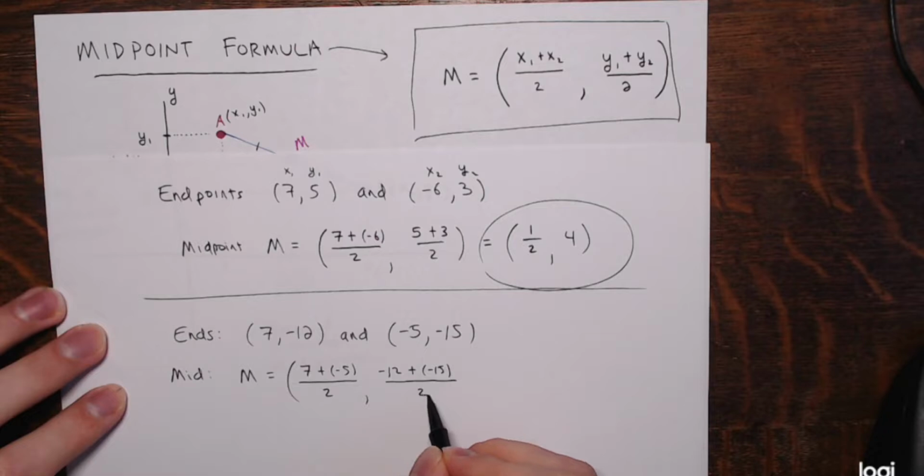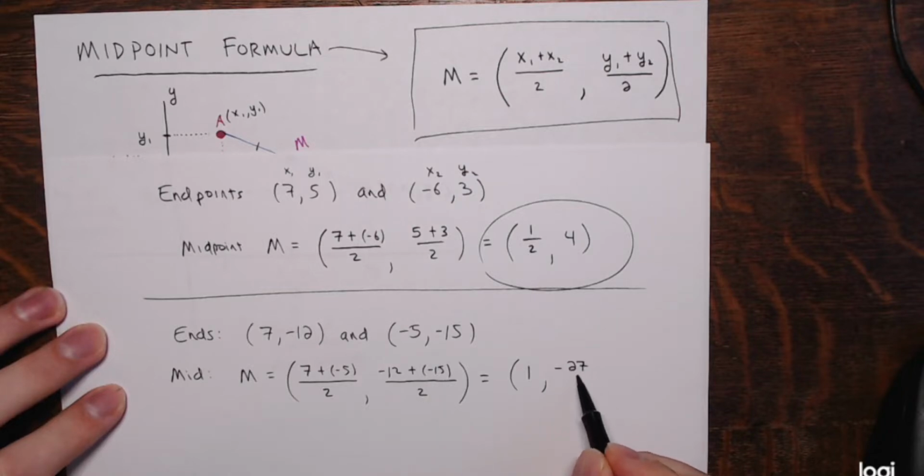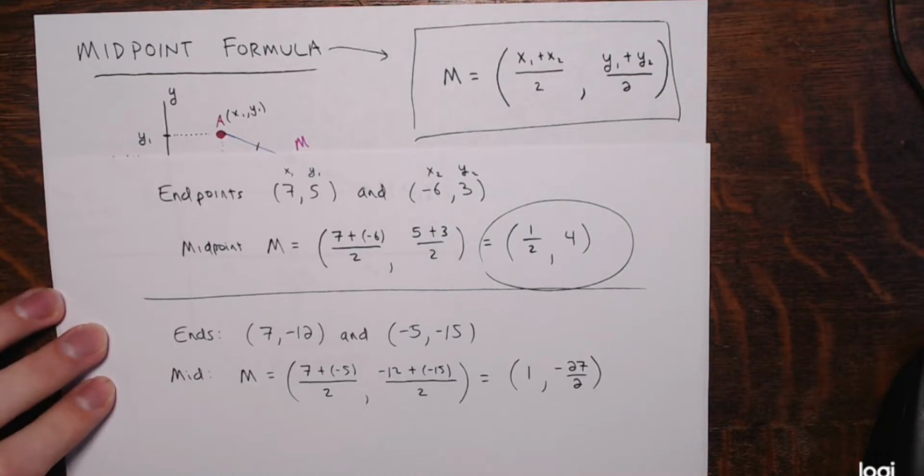All right, 7 plus negative 5, that's 7 minus 5, that's 2. 2 divided by 2 is 1, so 1 is the x-coordinate of the midpoint. Negative 12 plus negative 15 is negative 27 divided by 2, and that doesn't simplify any further. Now you can write a decimal if you want, as long as it's equivalent.